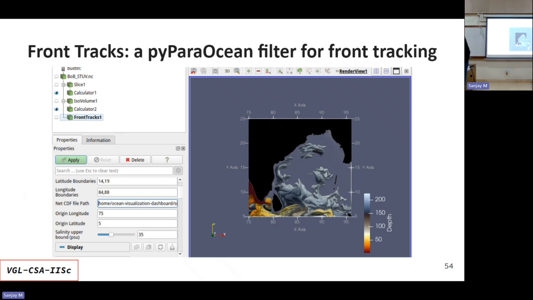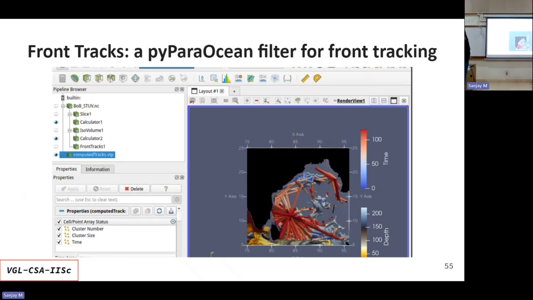And then you just press apply, and it extracts the tracks and gives them to you. This filter works with ParaView on a medium scale dataset, which is 1/12 of a degree, which is mostly used, and gives us tracks in around 1 to 2 minutes, which can be used for interactive visualization.